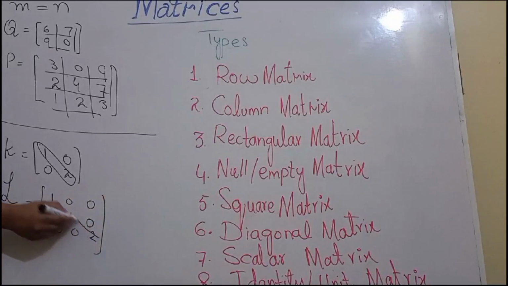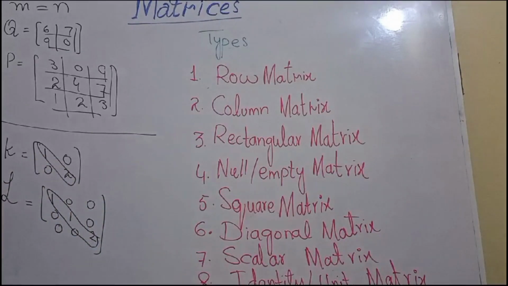So as you can see in the diagonal there are non-zero numbers and other numbers are just zeros. So this type of matrix is known as the diagonal matrix. That means in the diagonal there are non-zero numbers and other than the diagonal there must be all zeros.